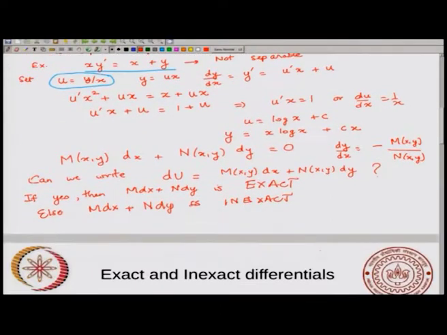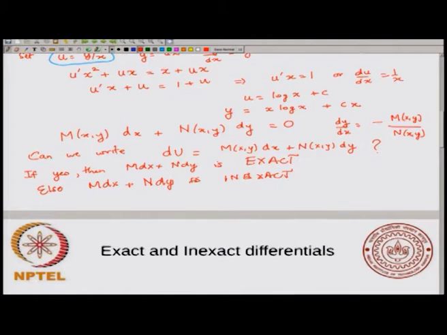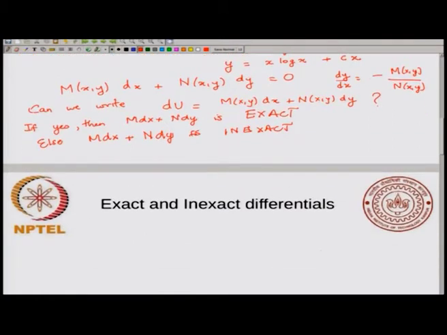This is the basic idea of exact and inexact differentials: if you have this differential equation, you want to write the whole differential on the left as du. We want to ask, can we do it? If you can do it, then you say that it is an exact differential. If you cannot, you say it is an inexact differential.